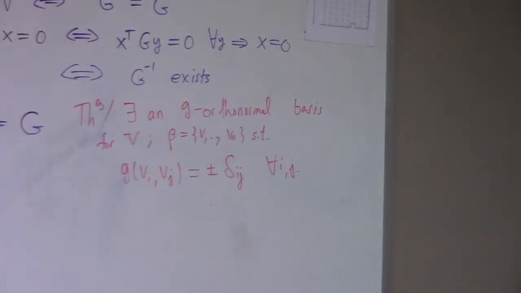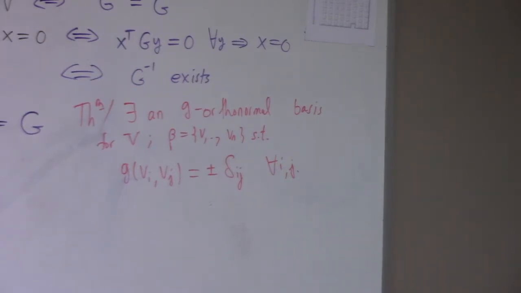Two vectors are said to be G orthogonal if the metric of those vectors is 0. They're unit vectors if the metric on the vector with itself is either plus or minus 1. We have to allow for minus 1 too because we're not assuming that the metric is positive definite here. So it's not a metric in the sense that we have more carefully defined in other courses, which is why I probably should say pseudo-metric. Okay. Are we good?